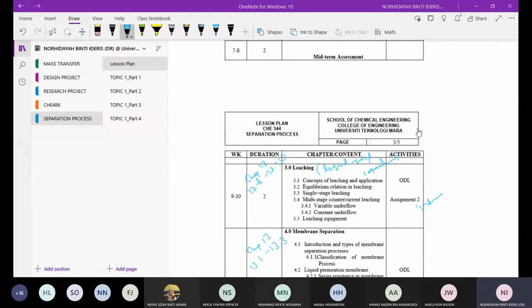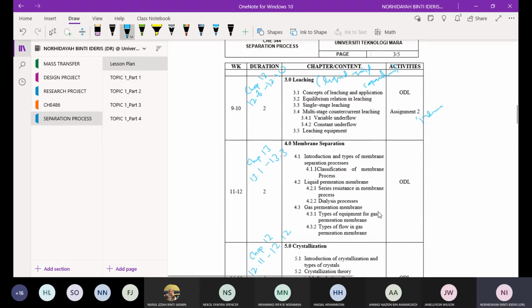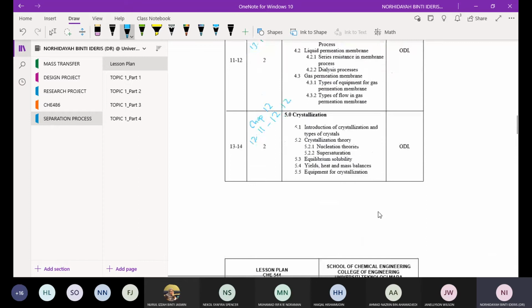Tengok sikit apa orang dah masuk. Alright, tak ada soalan faham? Okay. Then we go to the next part.